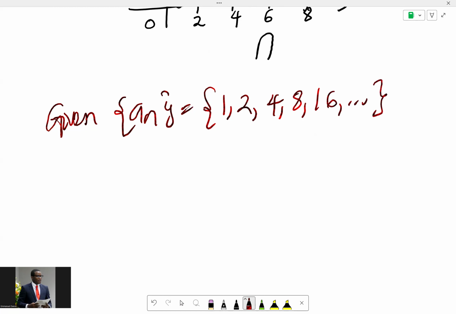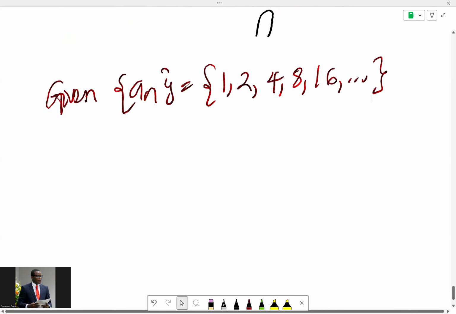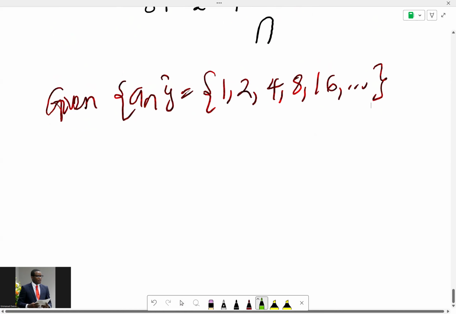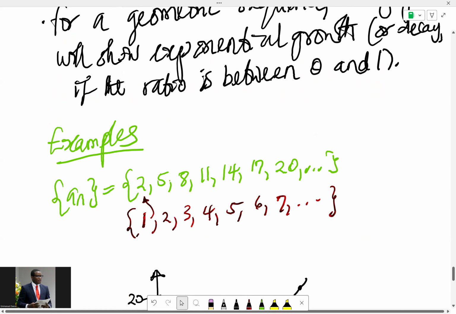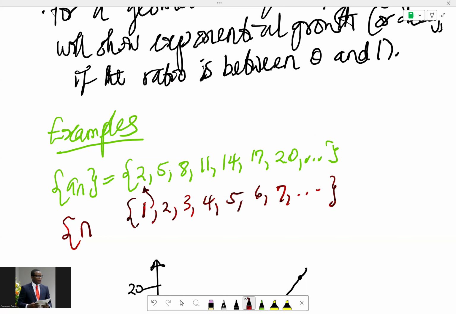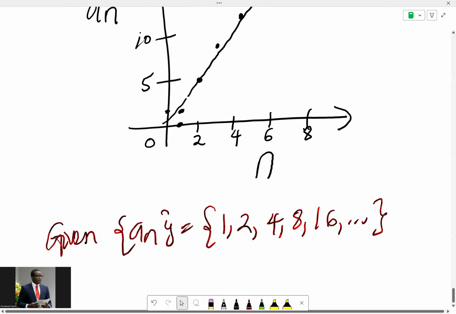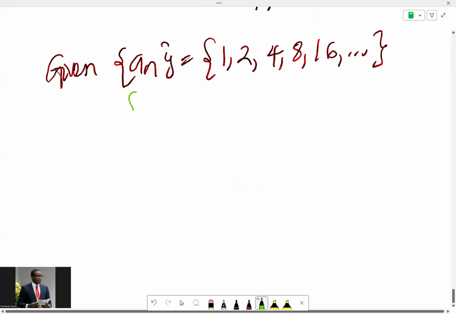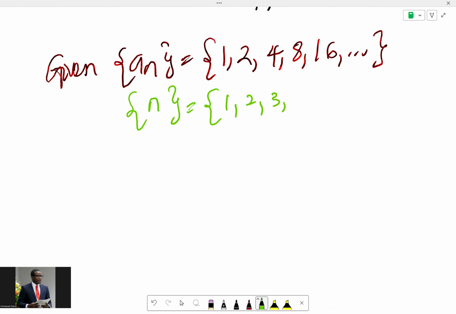So if we have this, again, the graph is going to be, of course, just like what we had here, right? This is actually the n, the number of terms. So here also, the number of terms will be 1, 2, 3, 4, 5, and so on.